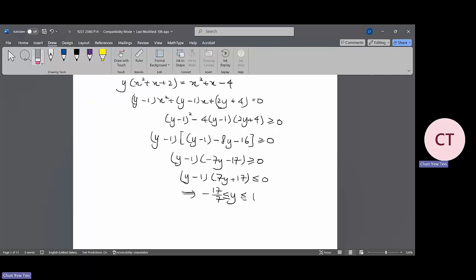You need to highlight that when y equal to 1, the whole thing over here, 1 times x squared plus x minus 4, has no solutions.